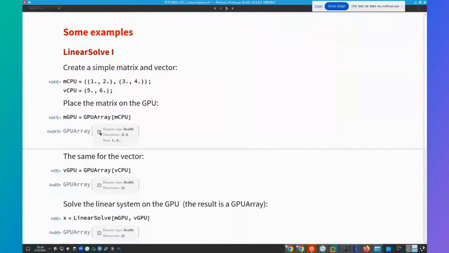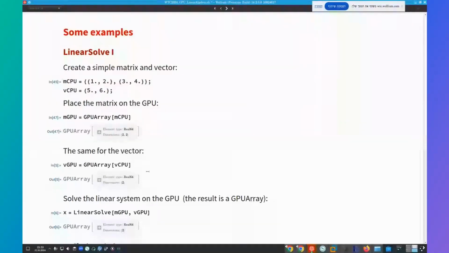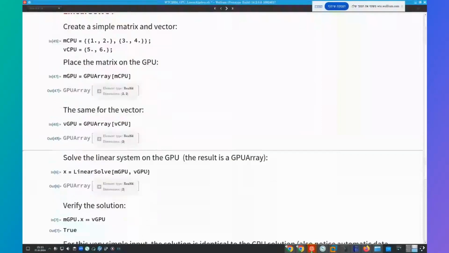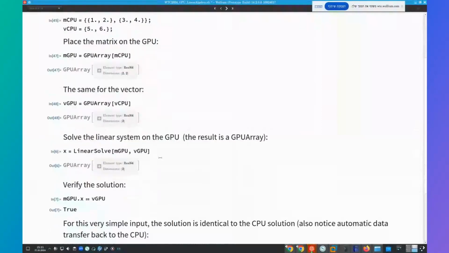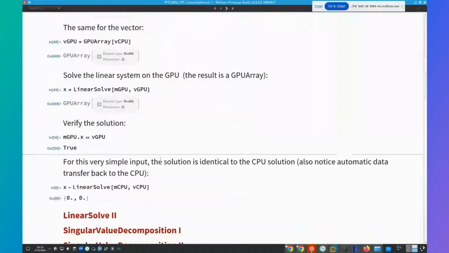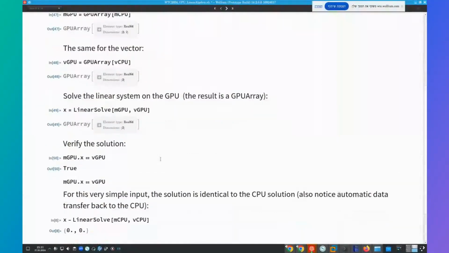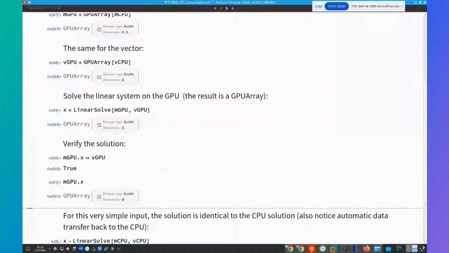I can do the same for the GPU, and I can then call linear solve, and I get out a solution X, and I can verify that this is a solution. And actually, just to make clear that this is all happening on the GPU, mGPU.x, so dot, happened on the GPU, and then it was tested for equality on the GPU, and lo and behold, they match.